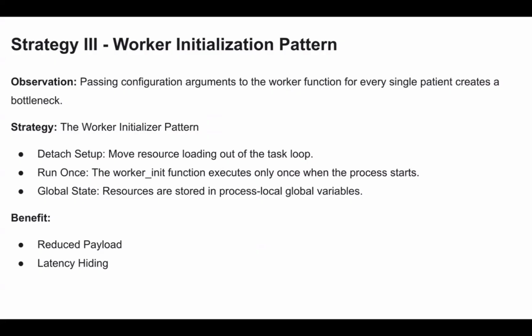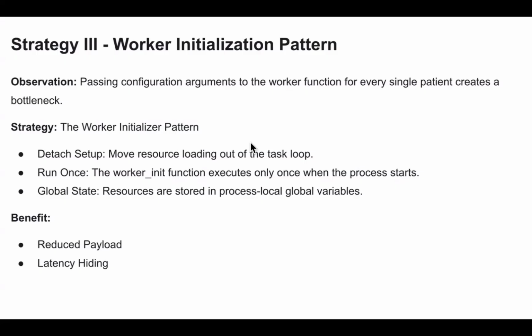To fix this problem and speed up the process further, I implemented the worker initialization pattern. I used the initializer argument in a multiprocessing pool. This runs a setup function exactly once when the worker process first starts up. Inside the function, I open the memory mapping handles and set a directory path into global variables.